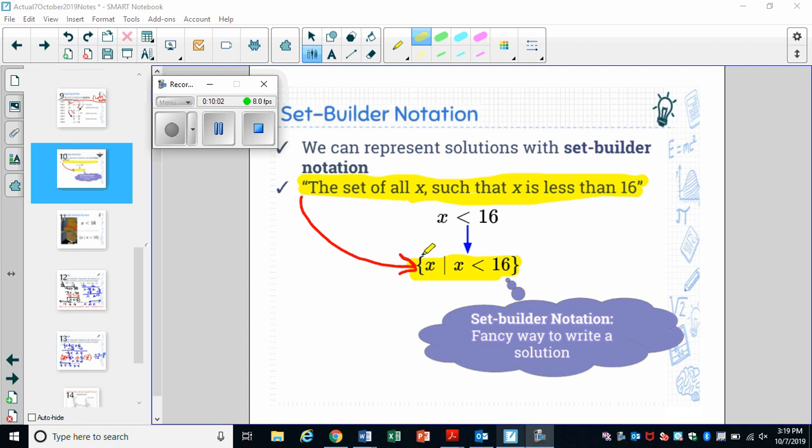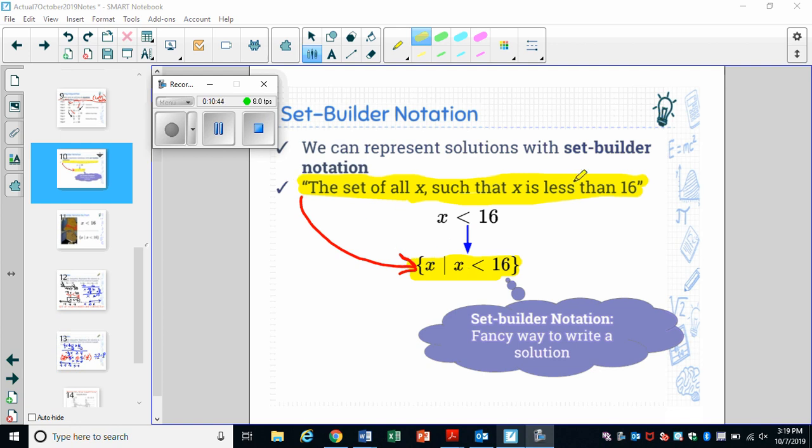The one really new thing is attaching your braces and attaching the x with your vertical, up and down bar, and then you write x less than 16. And this is just a fancy version of saying x is less than 16. You will see this probably more and more throughout the school year. So this is the equivalent of the set of all x such that x is less than 16.